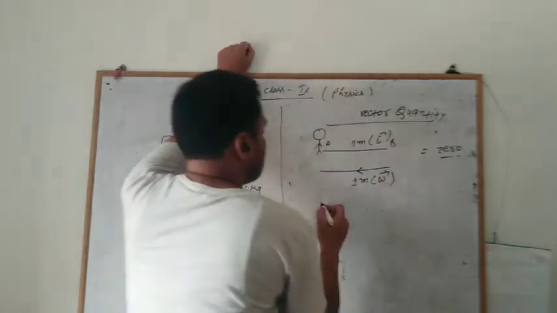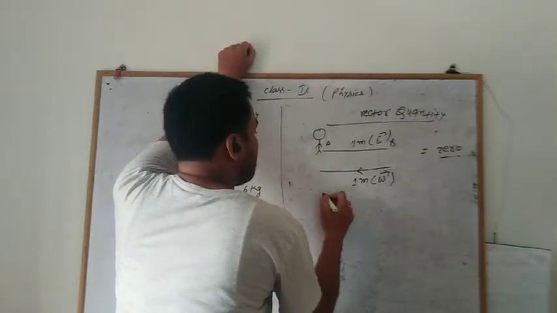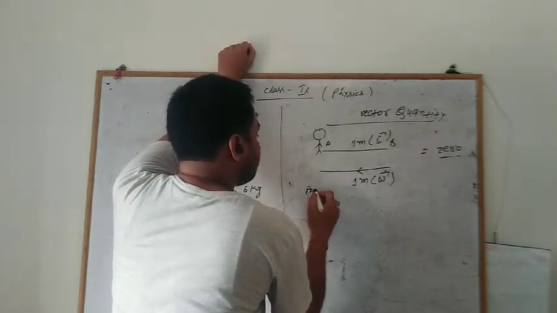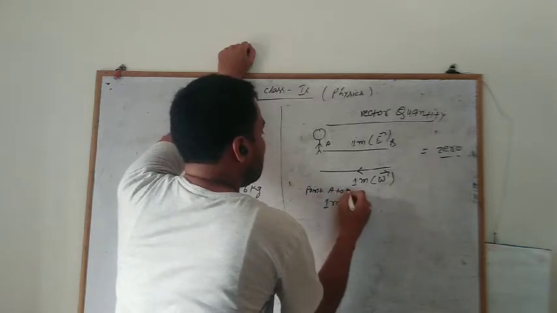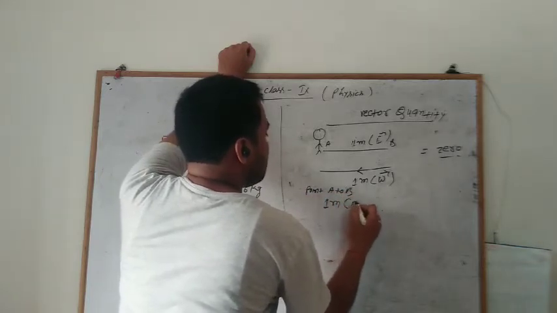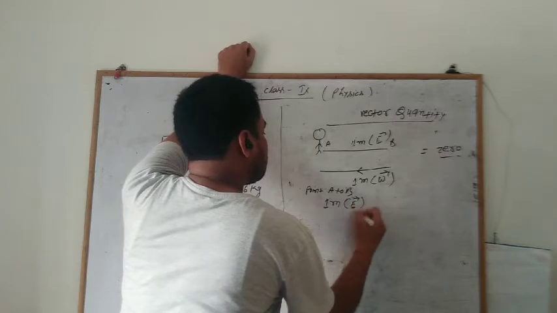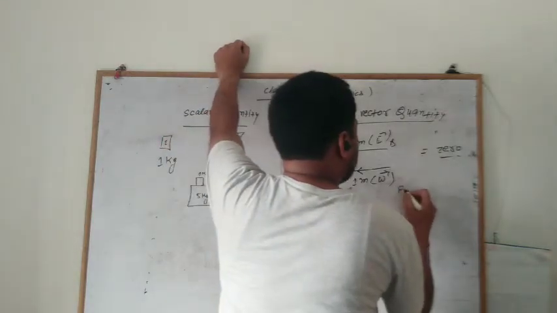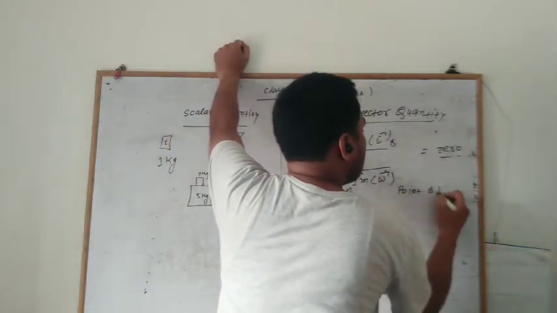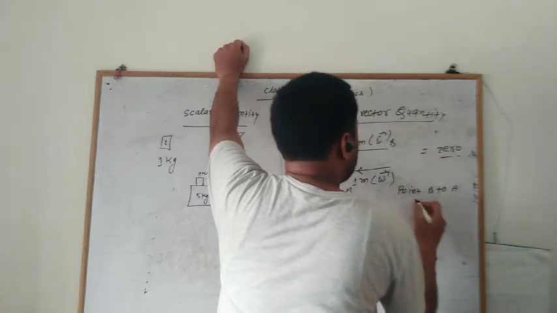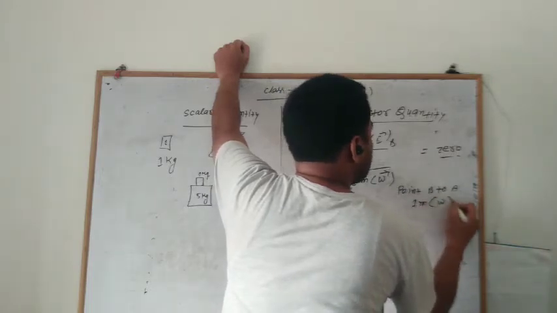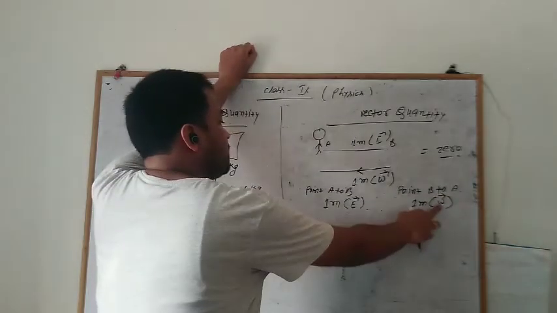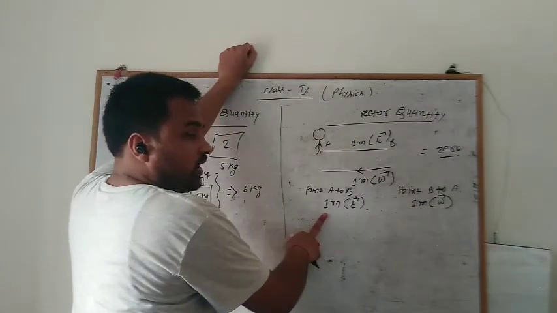How does it happen? First from point A to B, it displaces 1 meter in east direction. Now point B to A, it will be 1 meter in west direction. Okay, so the west direction is opposite to the east direction.